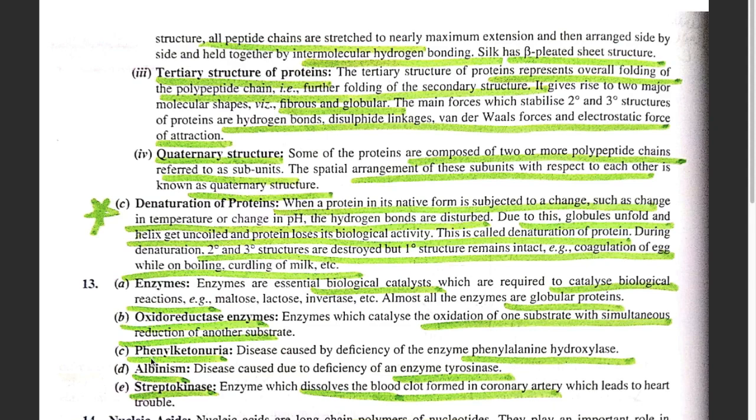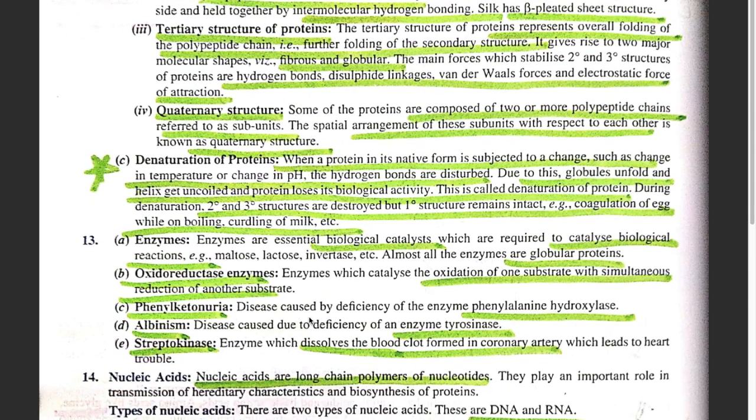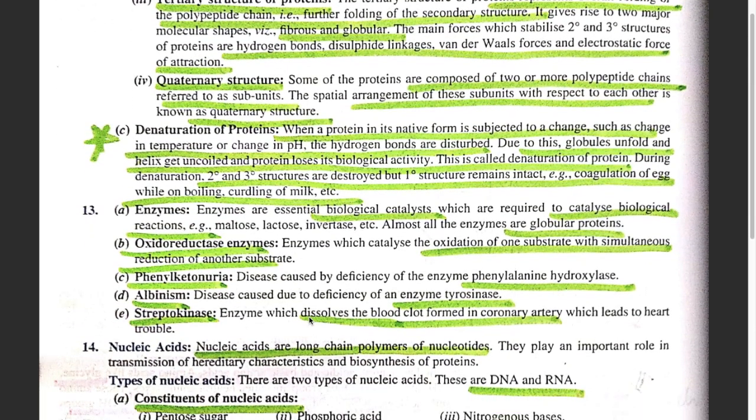Now we come to enzymes. What are enzymes? Enzymes are biological catalysts which catalyze the biochemical reactions taking place in the body, and enzymes, remember, are globular type of proteins. For example, the enzyme working on maltose will be maltase.